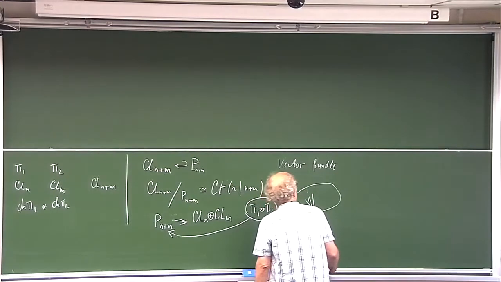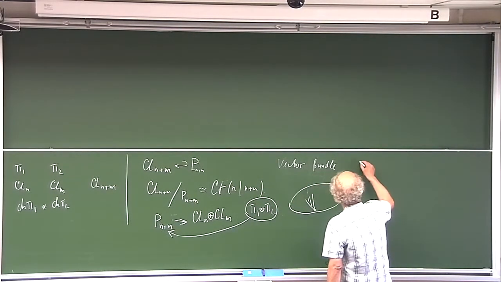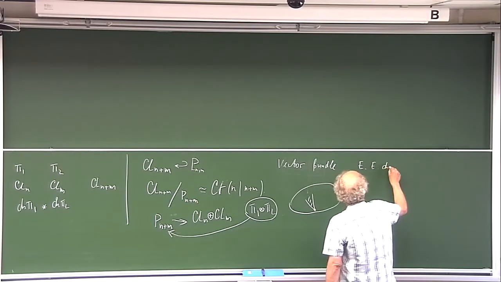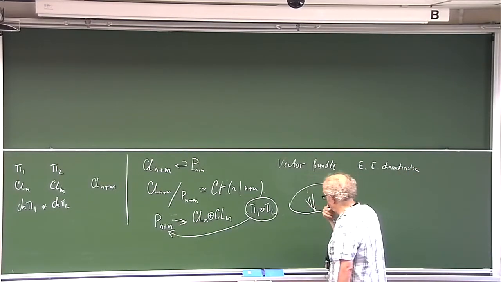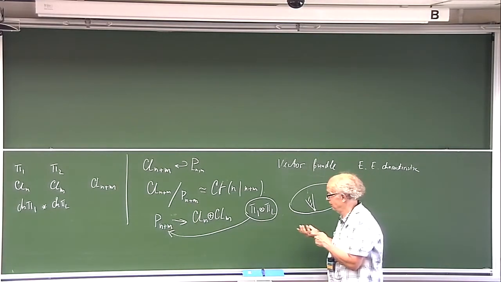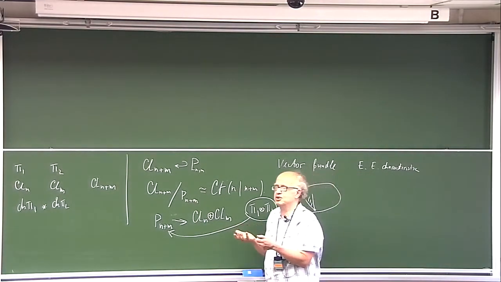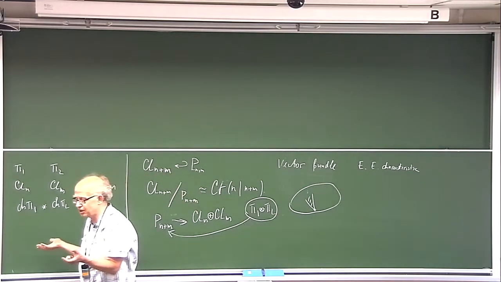But in all cases, it is better to take not sections, but the equivariant Euler characteristic. Or this induced representation, and it will be something which in general is a virtual representation, and it has some character.